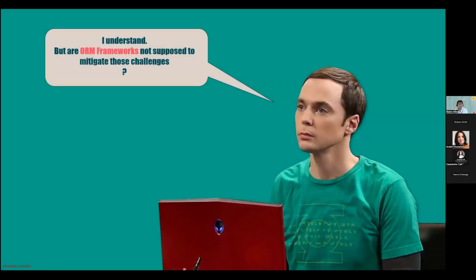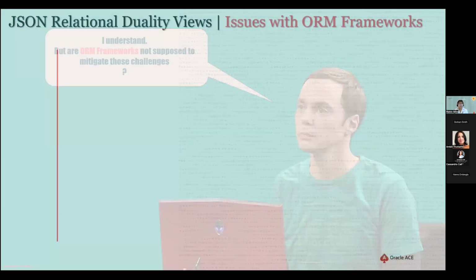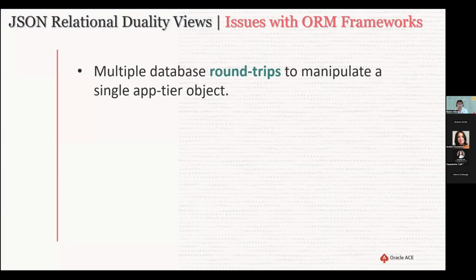So as expected, Sheldon asks, are ORM frameworks, object relational mapping frameworks, not supposed to mitigate those challenges? Yes, all object relational mapping frameworks do mitigate those challenges. They can simplify the application development, but they also introduce significant overhead, such as needing multiple database round trips to manipulate a single application tier object.